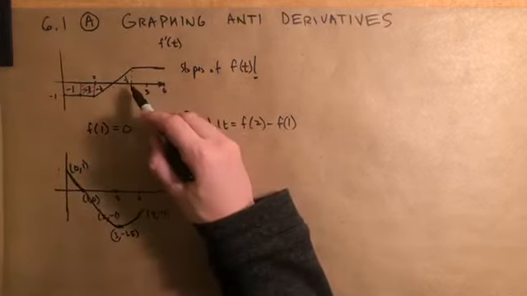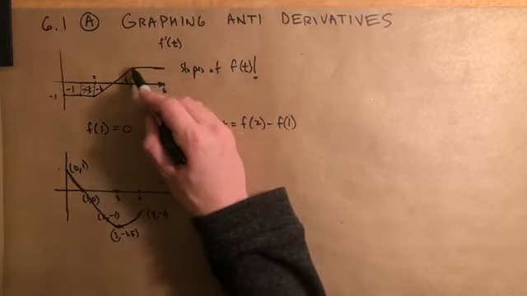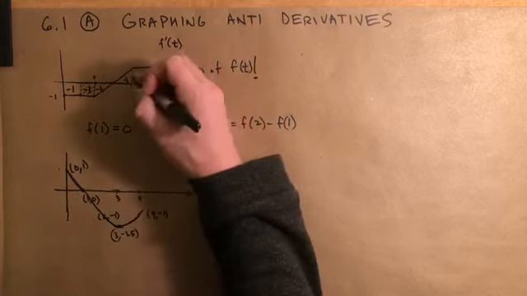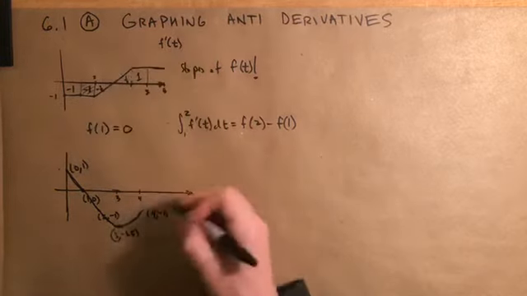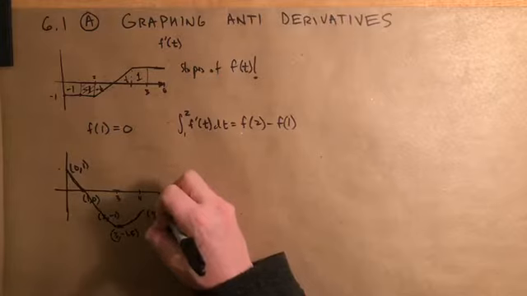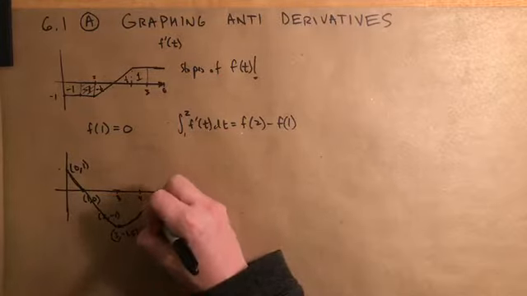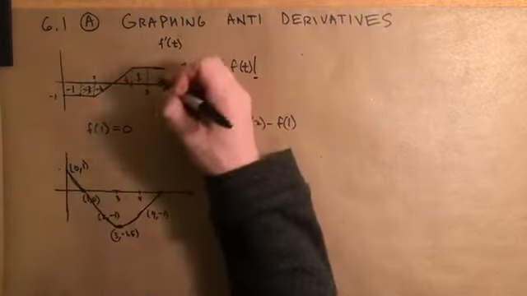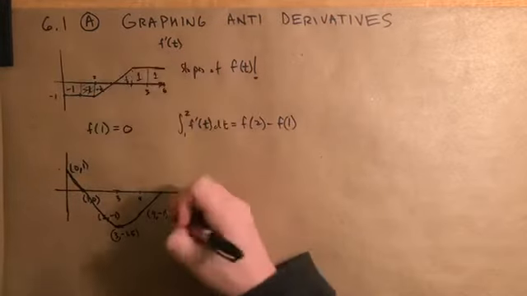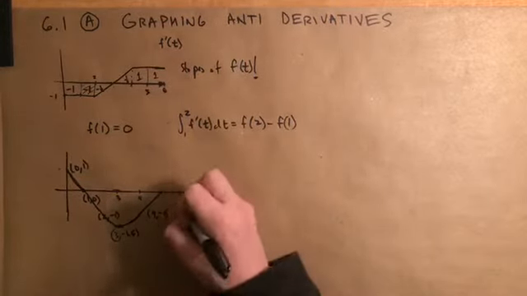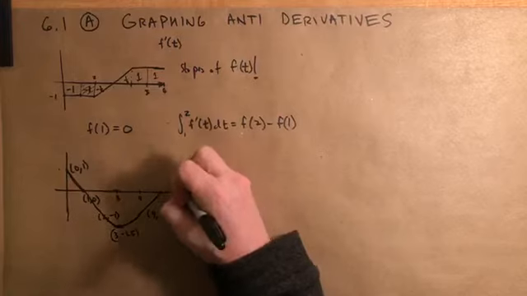Finally, what's happening from 4 to 5? Well, the slope was 1, but furthermore, the area here is 1, and so it increased by 1 unit, and at 5, we are at 0. And once again, from 5 to 6, we have a 1, and at 6, we'll be 1 unit higher.